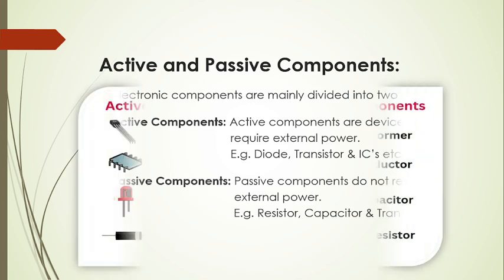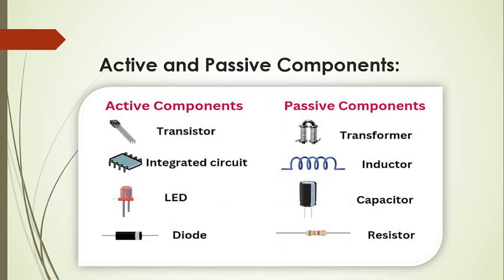If you look at some examples of active and passive components, the active components are transistor, integrated circuit, LED, diode. Integrated circuit we can also call ICs. Then passive components are transformer, inductor, capacitor, resistor.